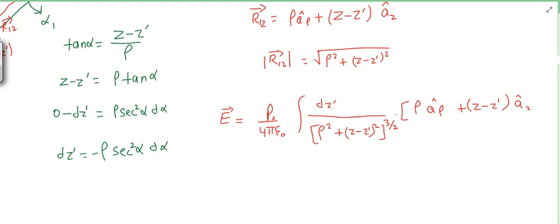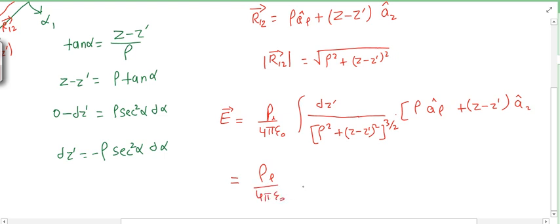So if I write this in the formula, this will become rho L by 4 pi epsilon naught, which remains the same, and in place of dz dash I can write minus rho sec square alpha d alpha, divided by, in place of rho square it will be the same, plus z minus z dash.